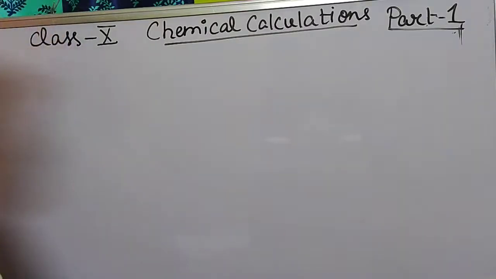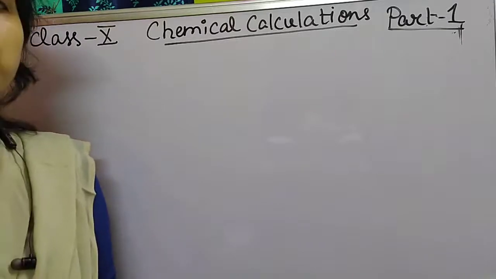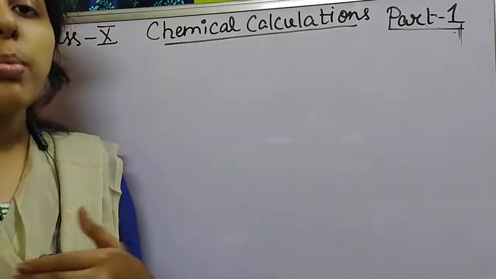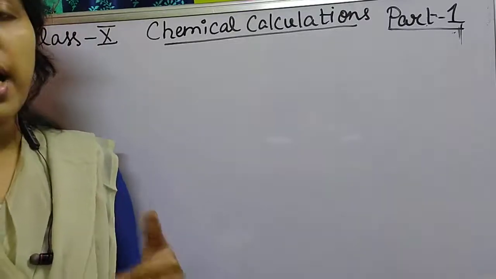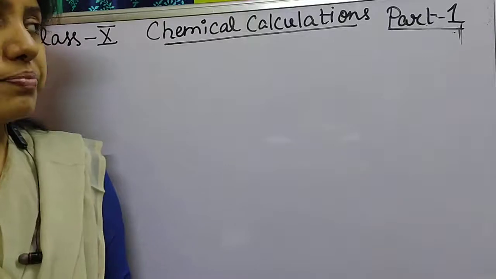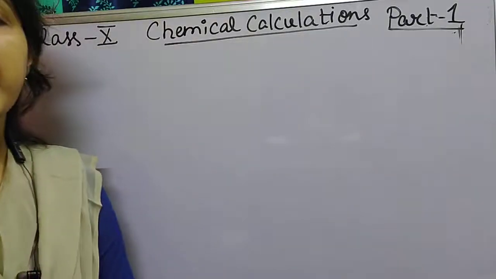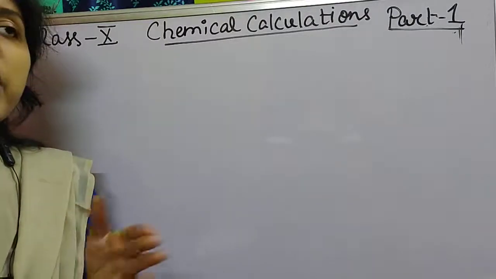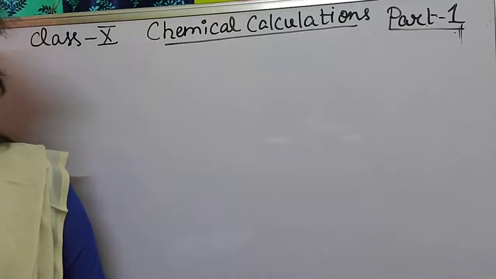So what is a chemical reaction? Already all of you have learnt about chemical reaction, that whenever one or more substances react with each other, they produce one or more new substances by a chemical change.